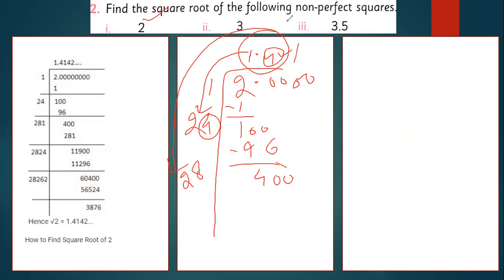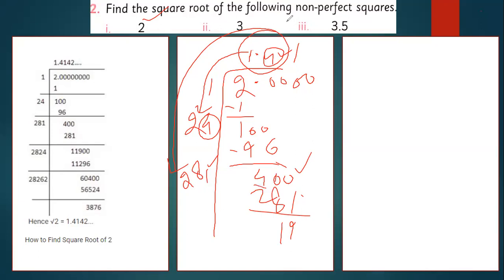So 1 1s are 1, 1 eights are 8, 1 twos are 2. So now subtract. Here we have 10, 10 minus 1 is 9, and 9 minus 8 is 1.